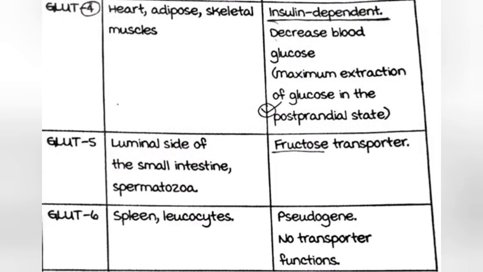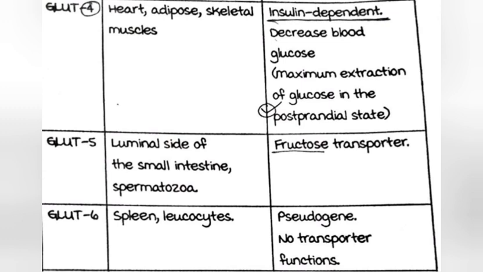GLUT3 is present in the brain, retina, and kidney. They are high affinity and low Km transporters, which I previously explained: high affinity means they can function when there is a very low concentration of glucose, so it helps the brain function when there is very depleted storage of glucose in our body.